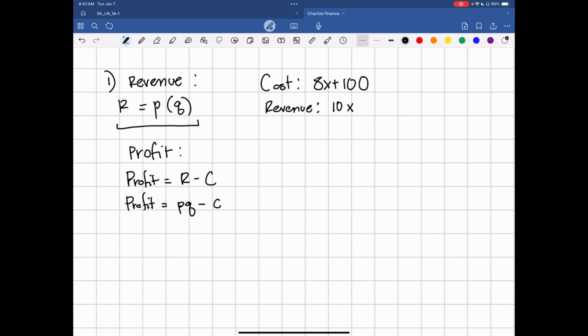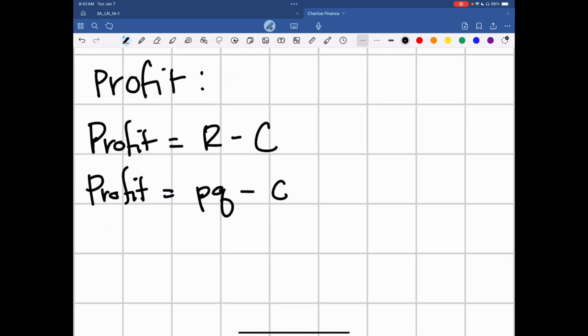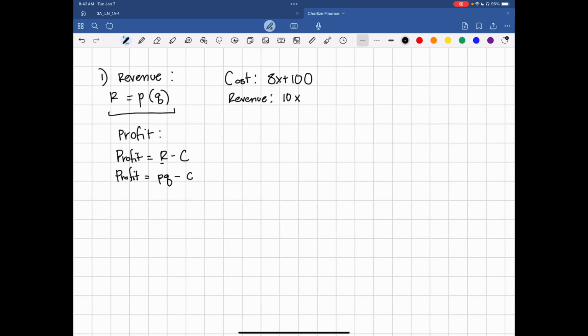Well, profit is revenue minus cost. And so you can use this equation. So profit is equal to 10x minus the cost, 8x plus 100. And I put parentheses because eventually this will be distributed.